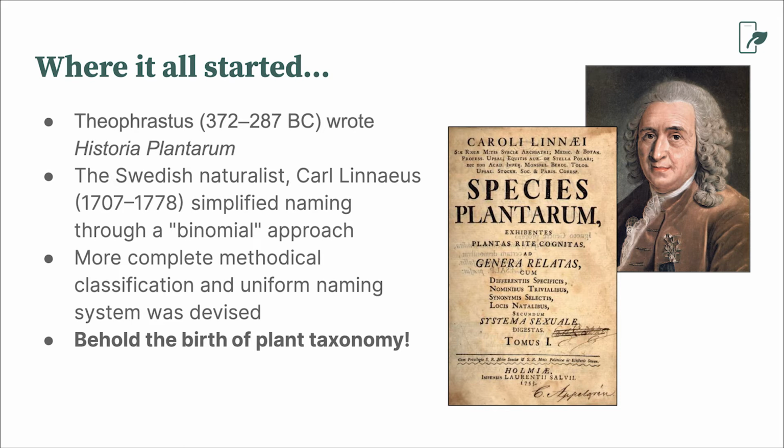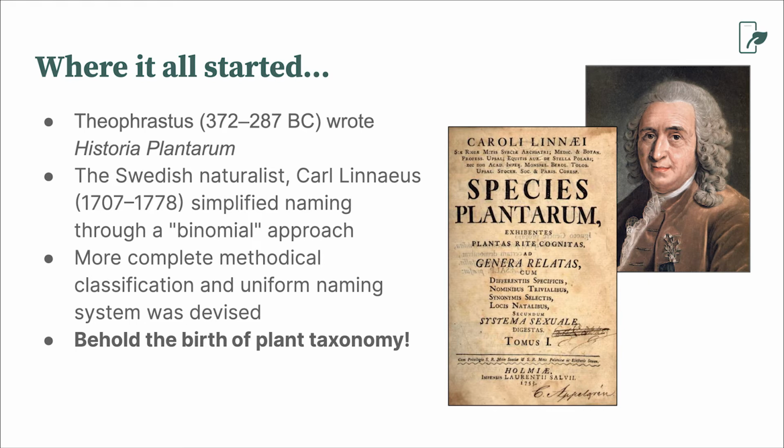It wasn't until the great naturalist Carl Linnaeus in the 1700s that this world was really transformed, by adopting what he called a binomial approach. What that basically means is a two-named approach to naming plants.